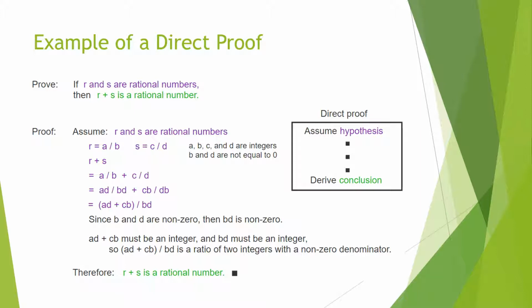We are going to prove that for every r, s, which means for every two rational numbers r and s, r plus s belongs to Q. Q is the set of all rational numbers.